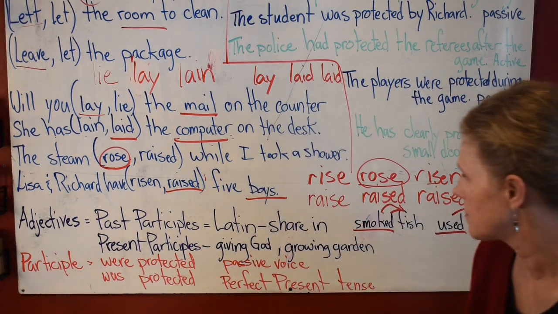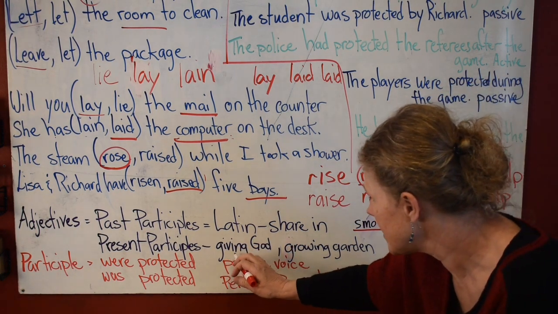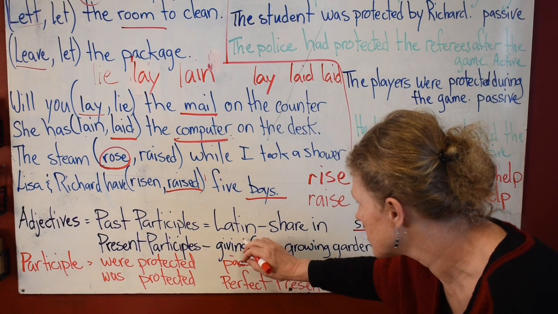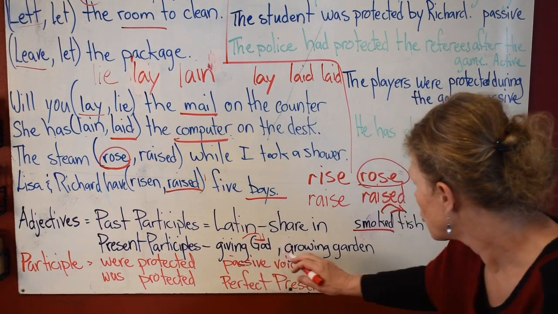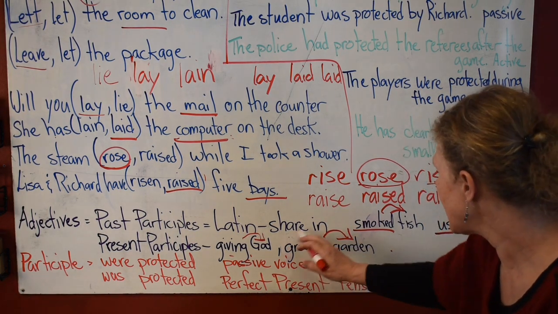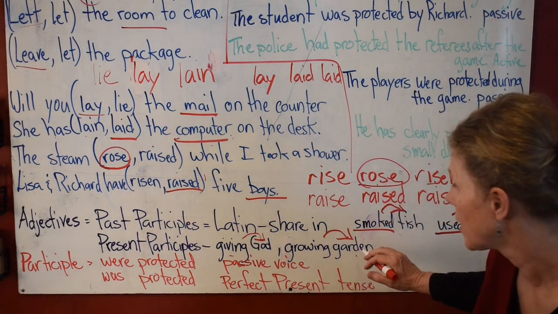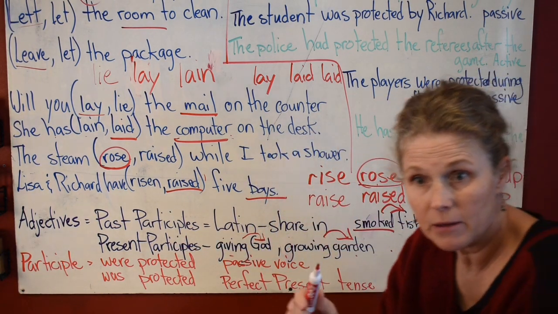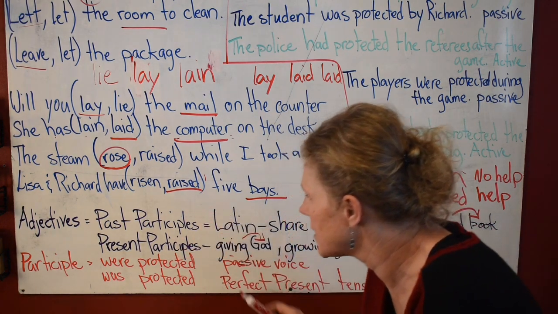Your present participles: a giving God. This right here is your present participle describing God. This is an adjective. Growing garden. Growing is an adjective. It's your participle that's describing the garden. So your past participle and your present participle, they can be verbs and they can be adjectives if you're going to say that they are a participle.